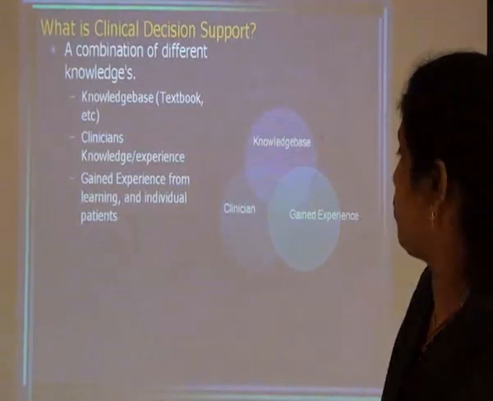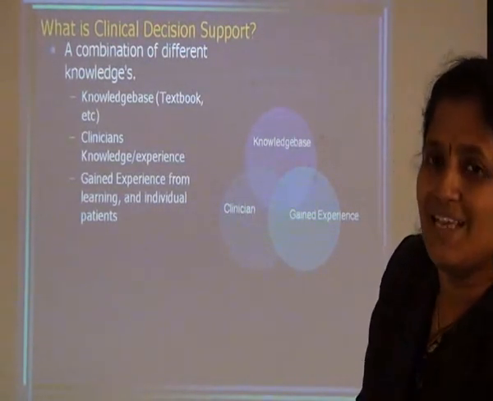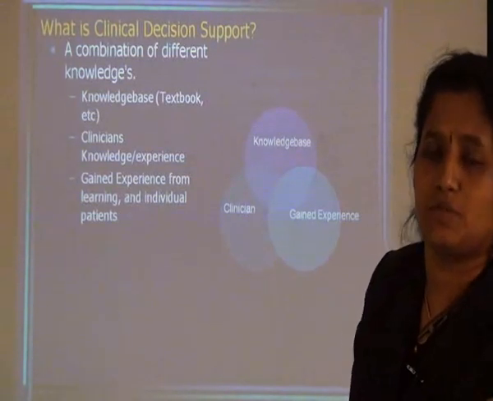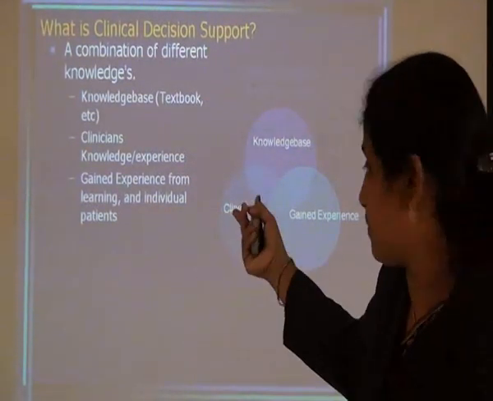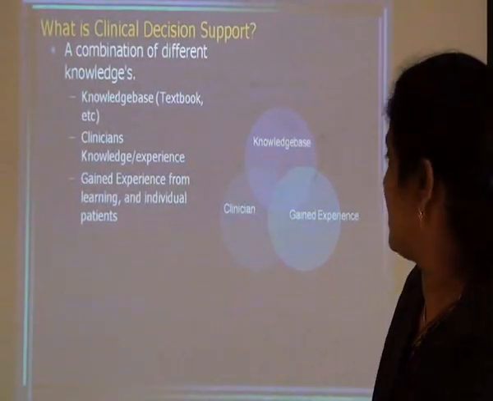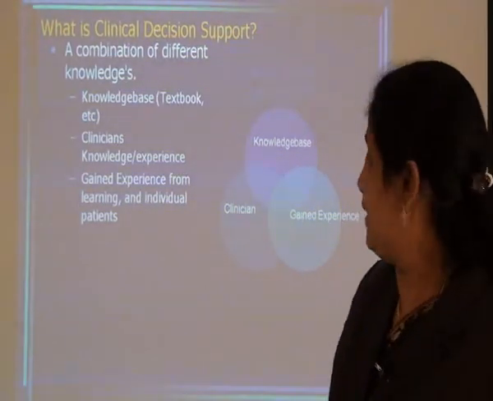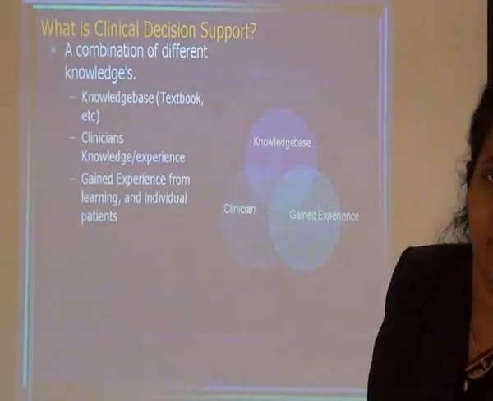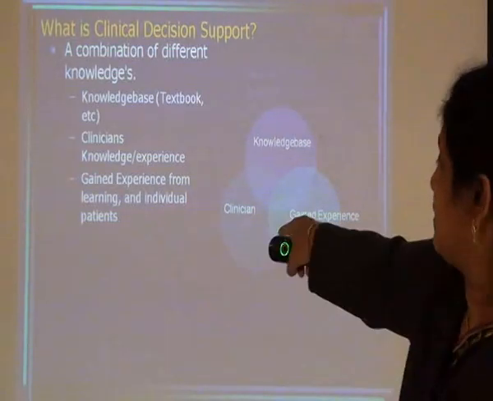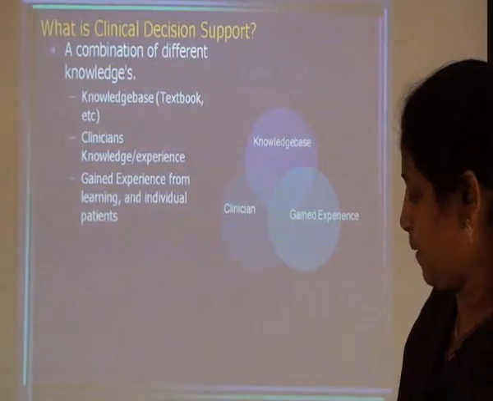One is knowledge from textbook materials, such as books, CDs, and web or internet sources; you can gain knowledge from there. Or expert knowledge, the doctors' and clinicians' knowledge, or experience gained from learning and from individual patients. We are here in the third level. Our intelligence tools are placed in the third level.